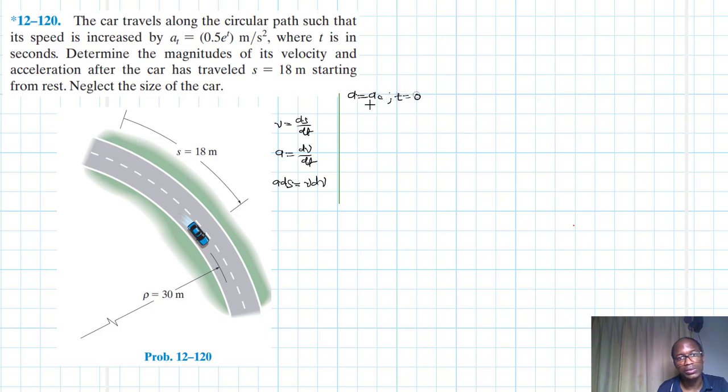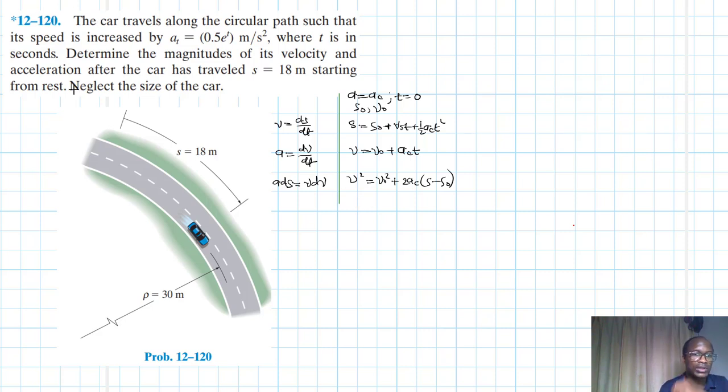At t equal to 0, we have additional boundary conditions. From this, we derive the following: s is equal to s naught plus v naught t plus half a_c t squared, and v equal to v naught plus a_c t, and v squared is equal to v naught squared plus 2 a_c (s minus s naught).